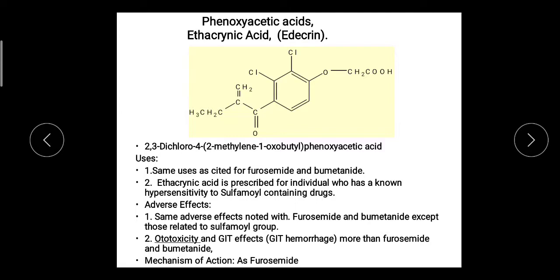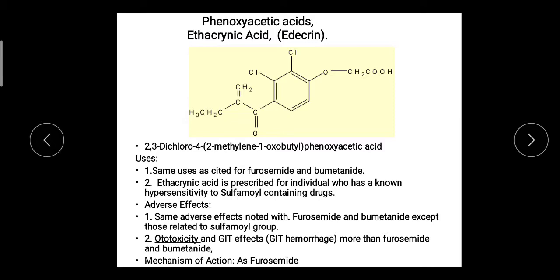2,3-dichloro: at the second and third position there is a chlorine group. Then at the fourth position this moiety is attached. This moiety is butyl, a chain of 4 carbons: 1, 2, 3, 4. On this butyl chain there are different substitutions.